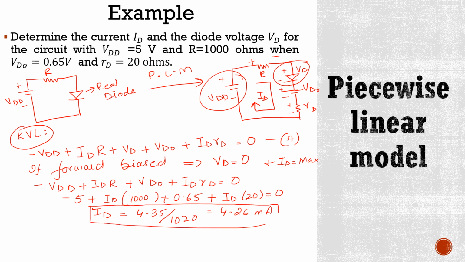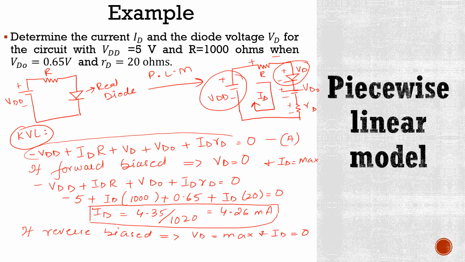Now, if this ideal diode is reverse biased, it means VD is maximum and ID is 0. So now how are you going to write this equation A in this case? It will become something like minus VDD plus VD plus VD naught is equal to 0.